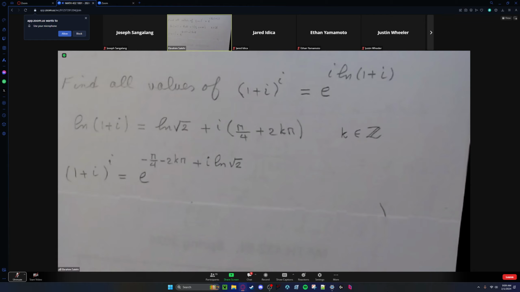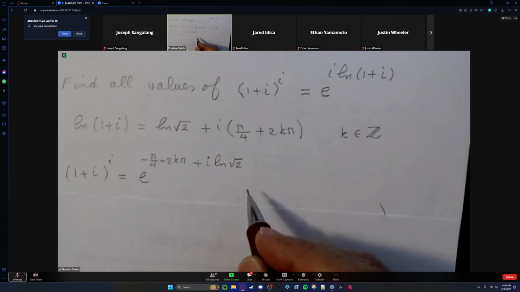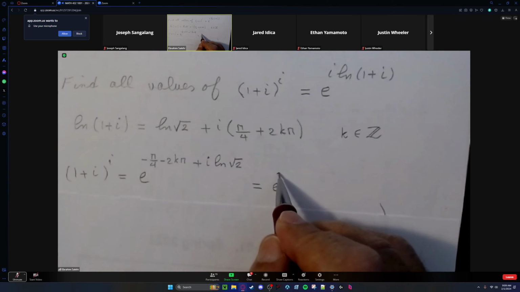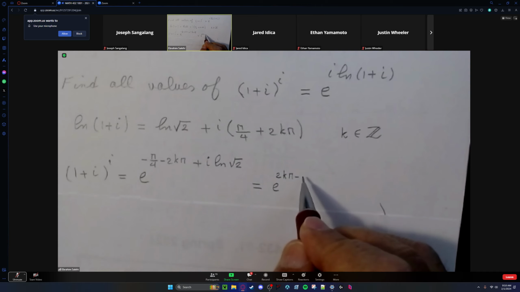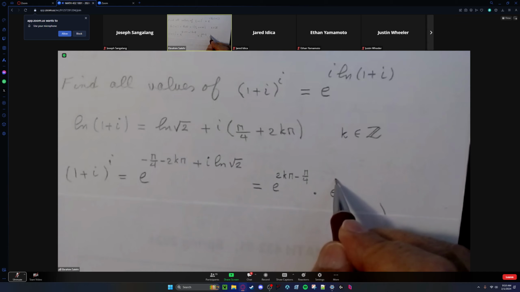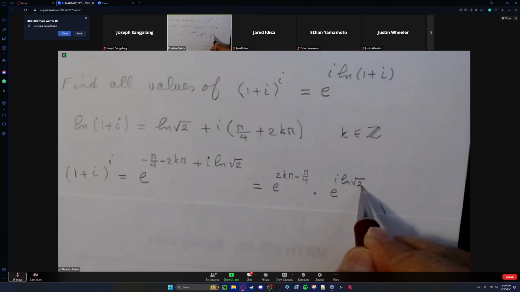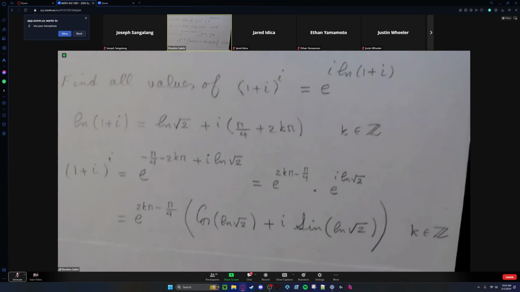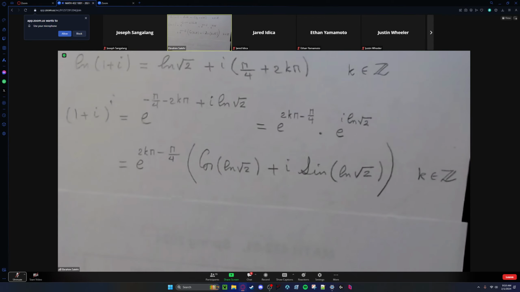Maybe I should go ahead and do it. So this is equal to e to the 2k pi minus pi over 4 times e to the I log of the square root of 2. Okay, this is it.